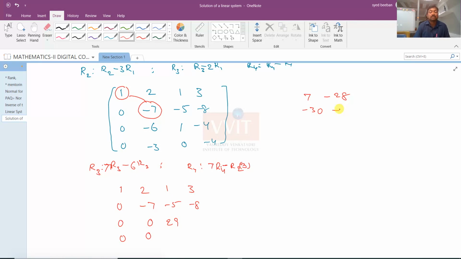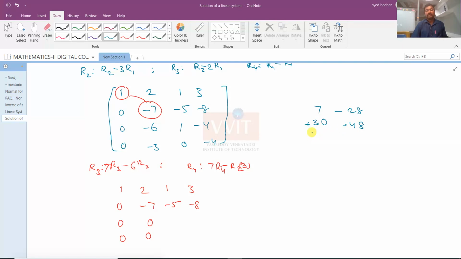See, whenever you are confused about this, please write down that 7 R3 here. So R3 is 1, 4, so 7 fours, minus 28. 6 R2: 6 fives are 30, minus in minus is plus, because here is a minus, here is minus, so plus 30, and minus into minus plus, 6 eights are 48.